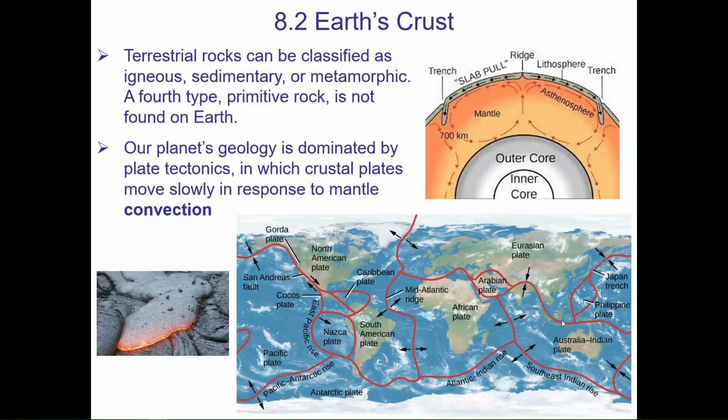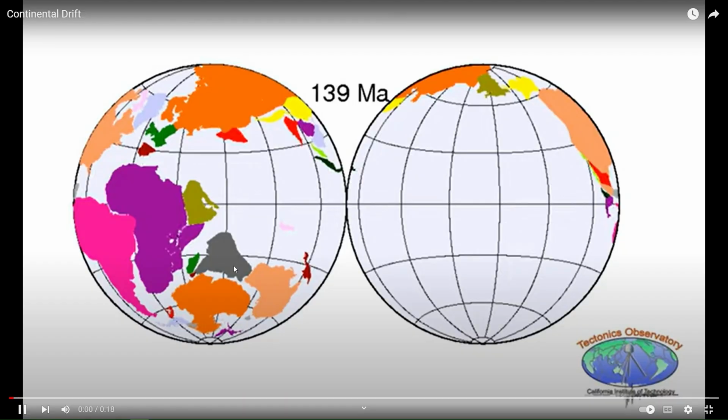For plates that move towards each other, there are basically two kinds of effects. One is that one plate can go underneath the other plate. The other case is, you probably heard about Mount Everest or the Himalayas, which formed when plates jammed together.